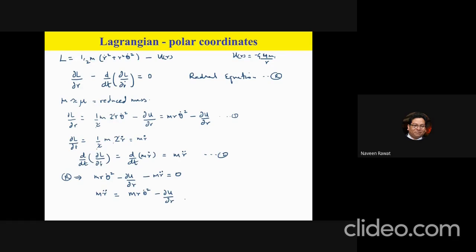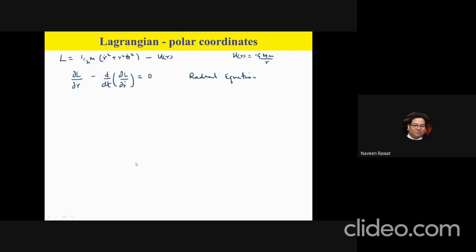Let's write that down: mr double dot is equal to mr theta dot square minus du by dr. Okay, now the angular momentum j is mr square theta dot.